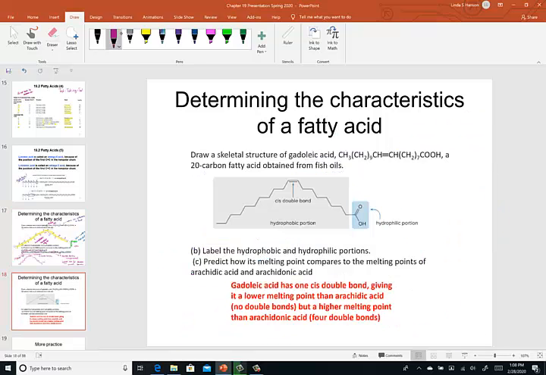And we can see that one cis would give a lower melting point than the completely saturated, that's the saturated all single bonds. But certainly in the middle there, because if you have 4 double bonds, that by far would have the lowest melting point of all. And that's what we had just stated.